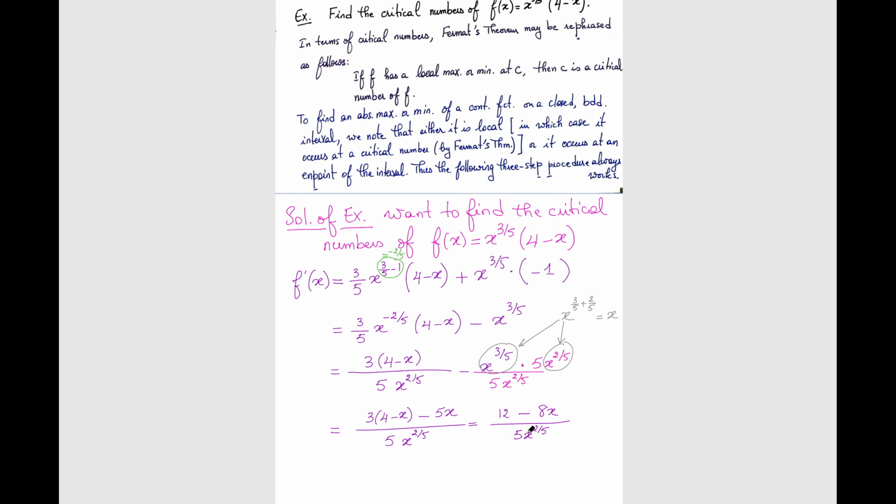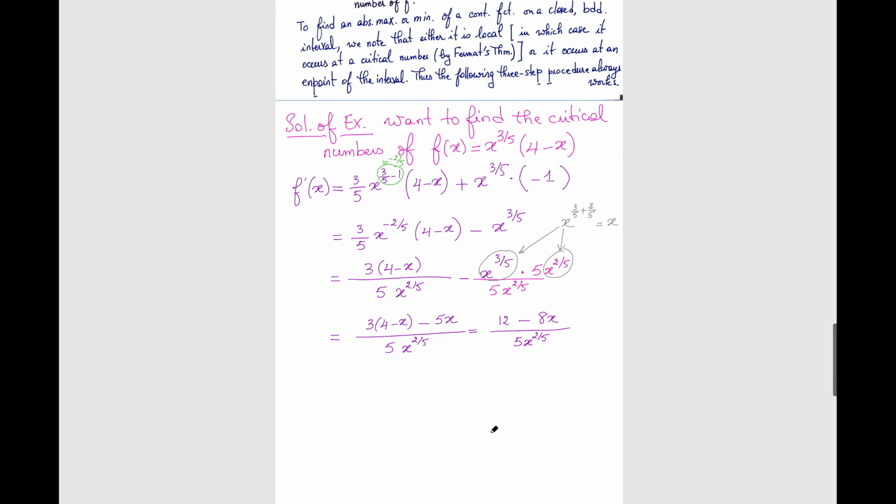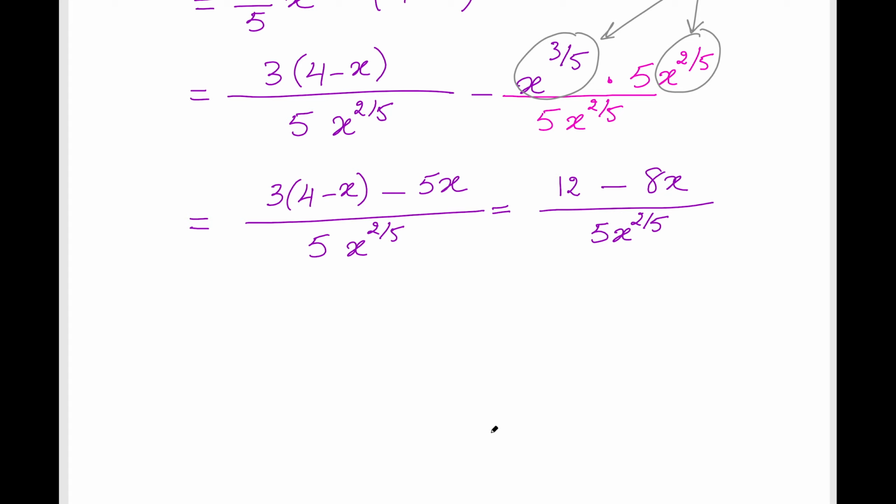The domain of f prime is everything except 0. So at this point we can say, since the domain of f is all real numbers and the domain of f prime is all real numbers except 0, we get that 0 is a critical number of type 1.